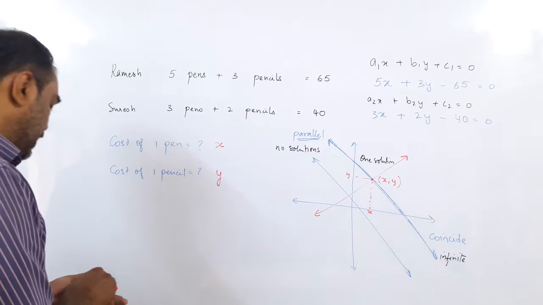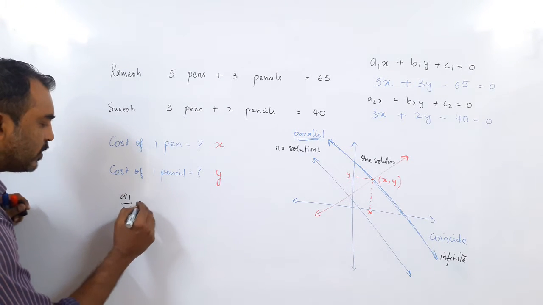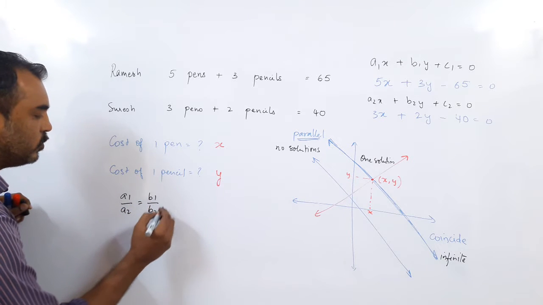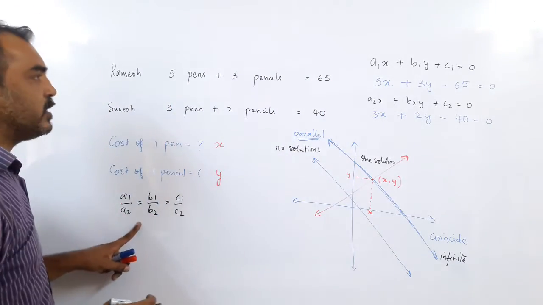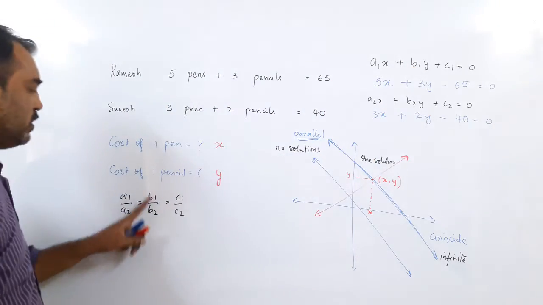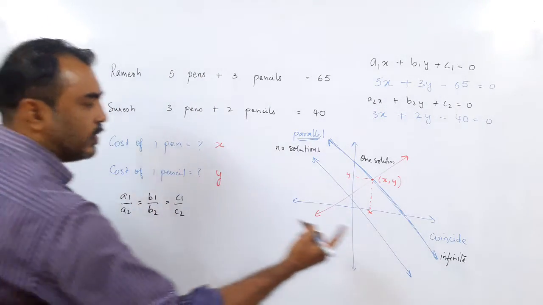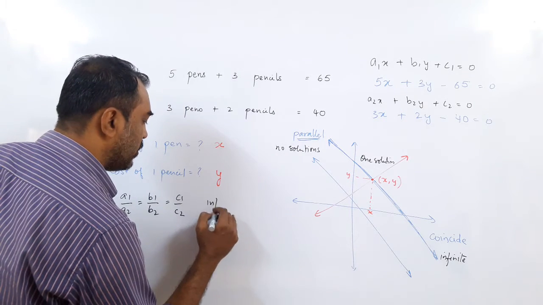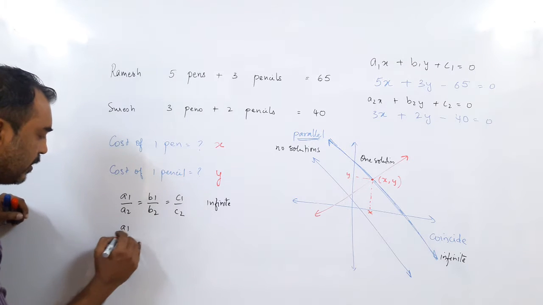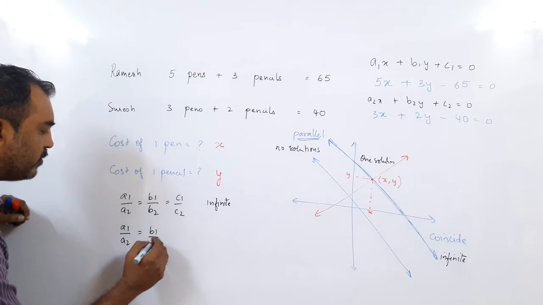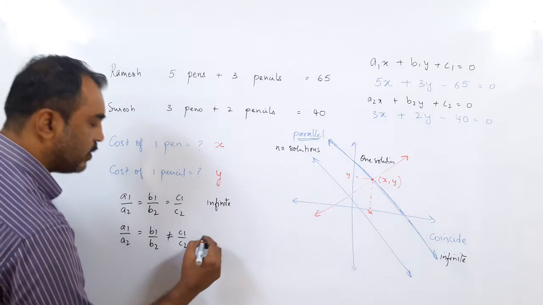You can write down, when a1 upon a2 is equal to b1 upon b2 is equal to c1 upon c2. Take the ratio of a1 and a2, the ratio of b1 and b2, the ratio of c1 and c2. If these ratios are equal, then you get the condition of infinite solutions. Second, if a1 upon a2 is equal to b1 upon b2 but not equal to c1 upon c2, we get no solutions.